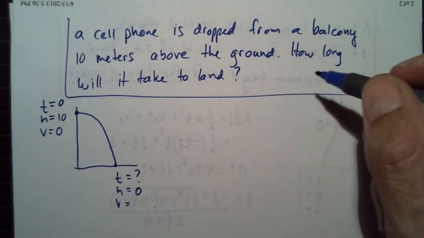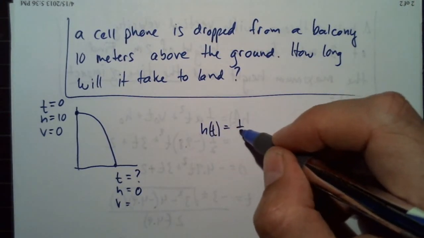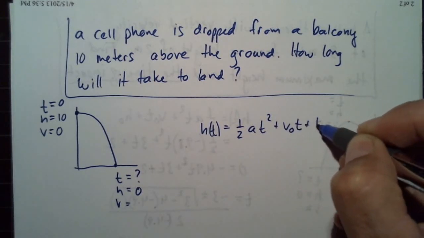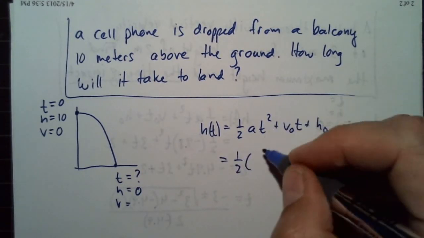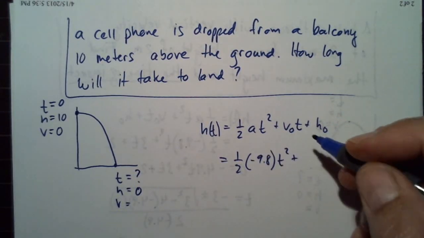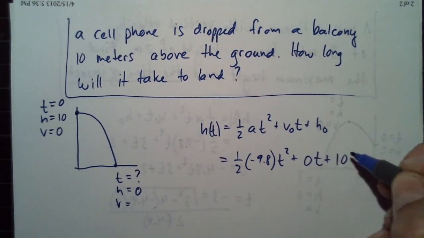And we're dealing in meters, so position is 1/2 at squared plus v naught t plus h naught. 1/2 acceleration in meters, negative 9.8 t squared. Initial velocity is 0. Initial height is 10.